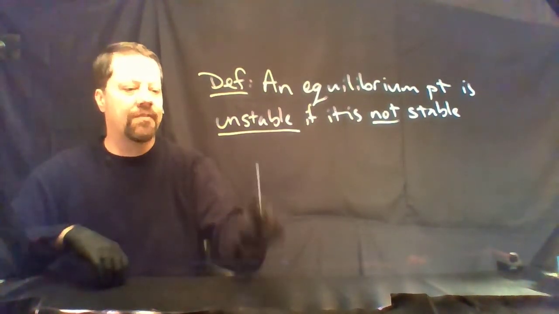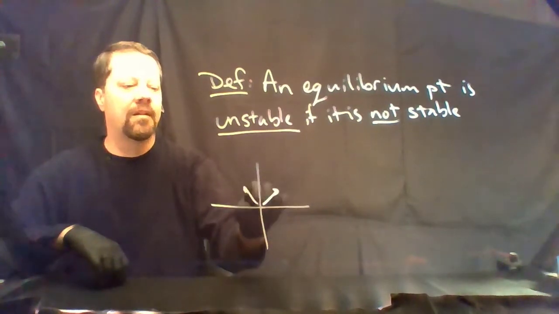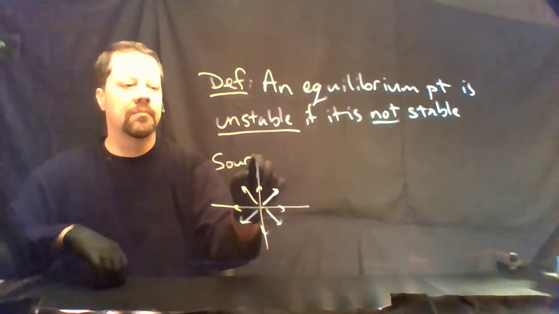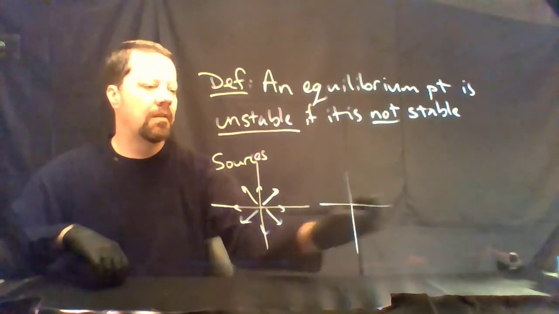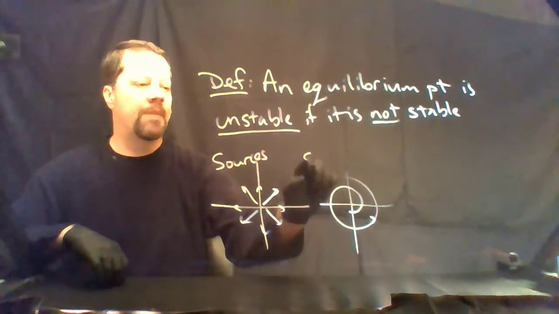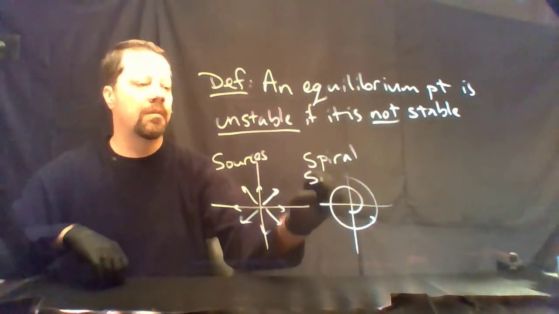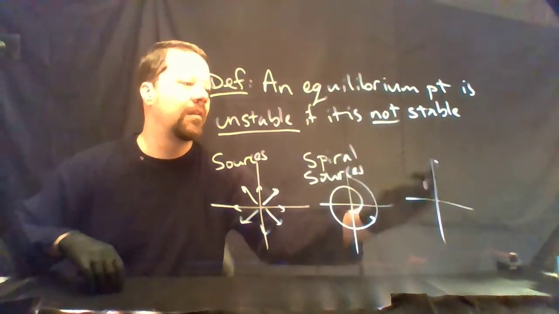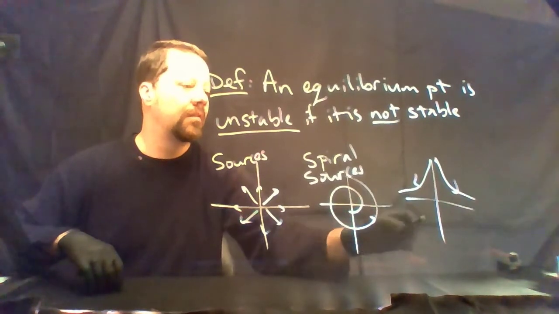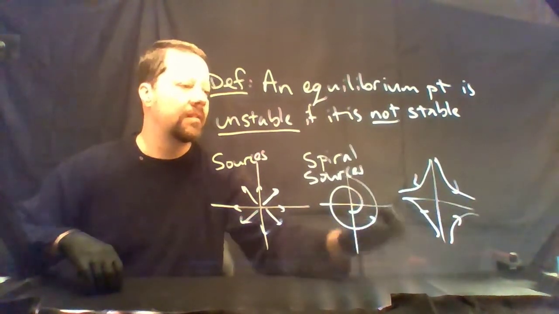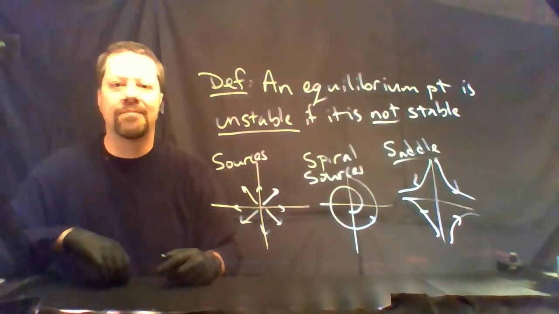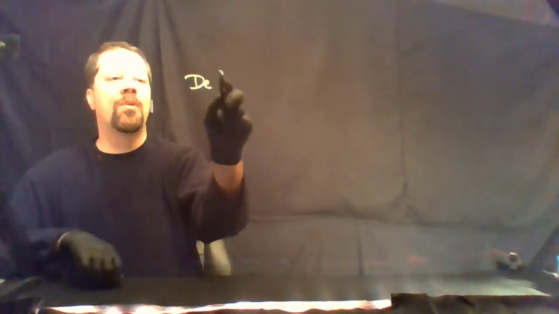From what we've discussed so far, we know that sources, spiral sources and saddle points are all unstable. There's a little bit more nomenclature we need to add.